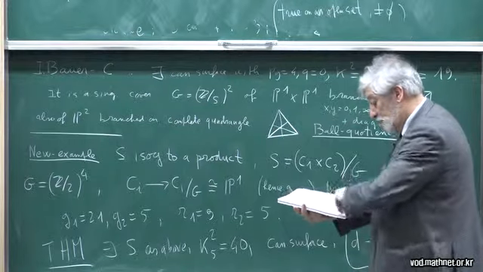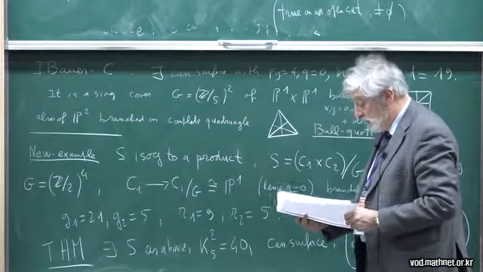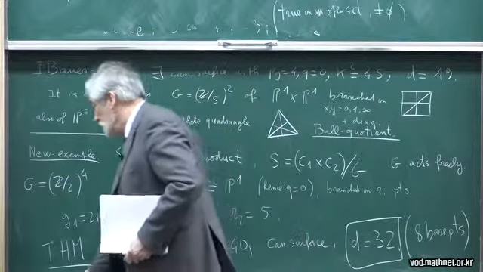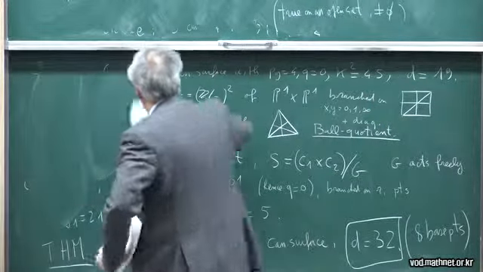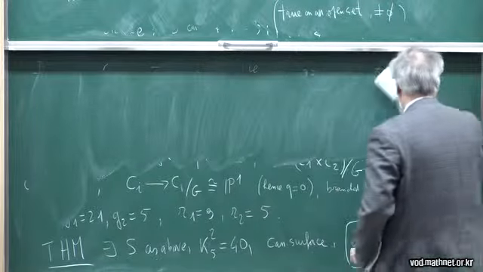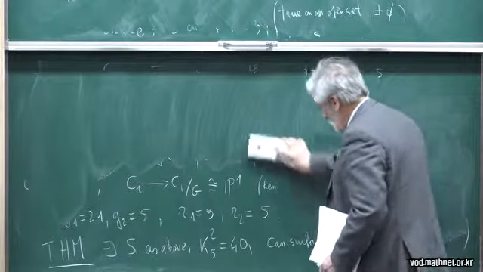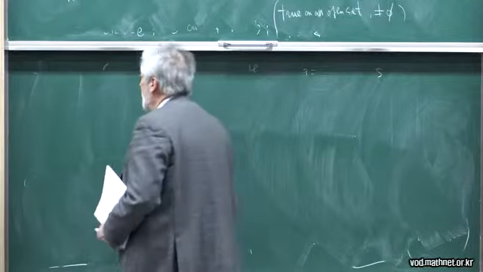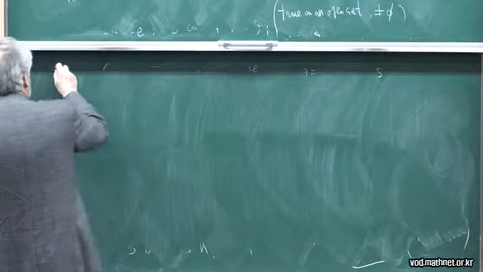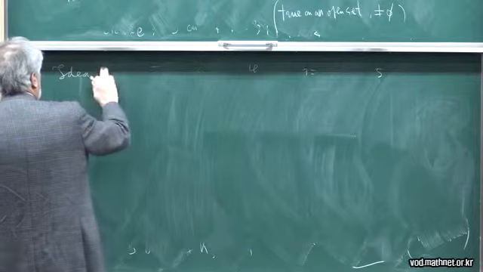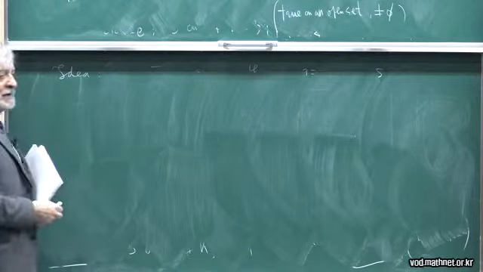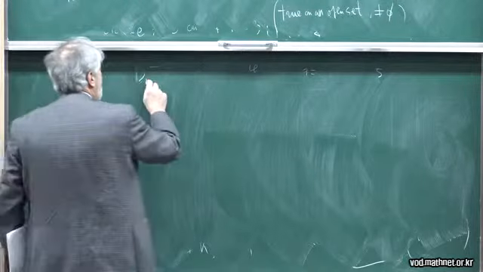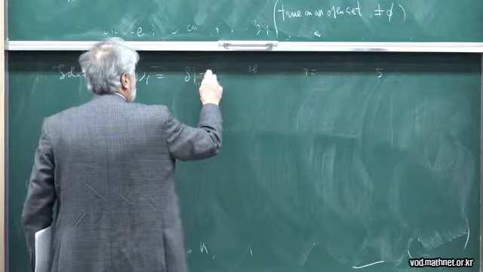Let's see. So the idea, to prove that something is an embedding is not so easy, but in this case, Di is given by delta_i equals 0.